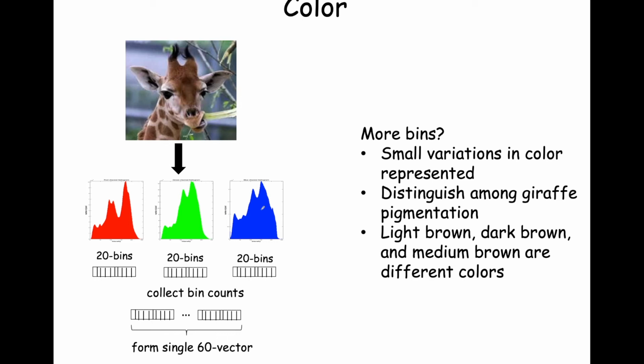This means you're going to represent more distinguished, smaller variations in color. For example, if you're representing the color of a giraffe with more bins, you're going to distinguish among different giraffe pigmentations. A giraffe that's light brown, dark brown, or medium brown might appear as different vector values with a larger number of bins, because these smaller variations are going to result in different vector position numbers, different feature values.